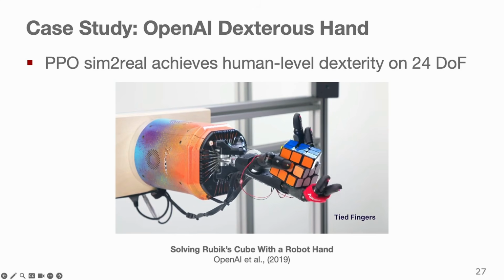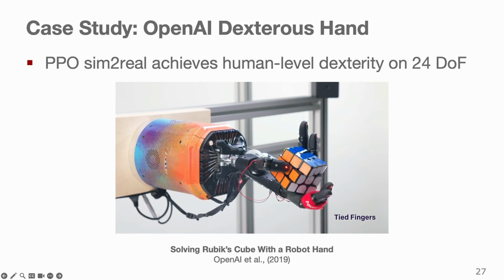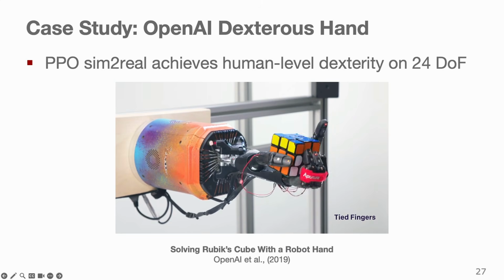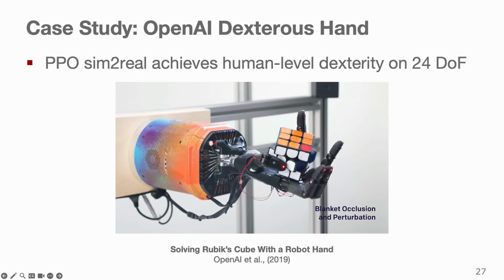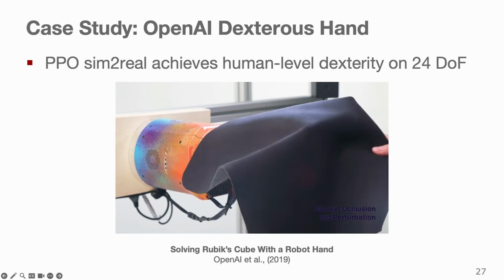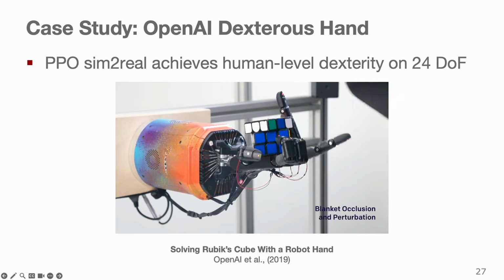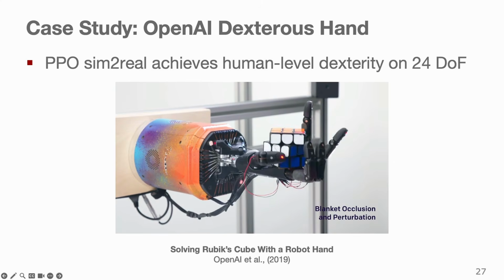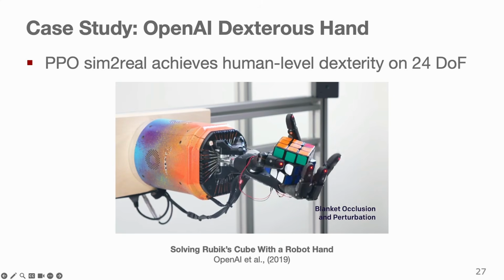You can see it can work across many perturbations, even with tied fingers. One thing to note is that PPO didn't receive camera observations as input, but a state input. They had a more modular approach where they first had a perception network to extract the position and orientation of the cube, which was then fed to PPO.